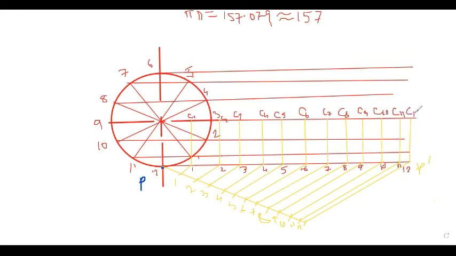Basically these are the different center point positions as the circle goes in this right direction along this line.